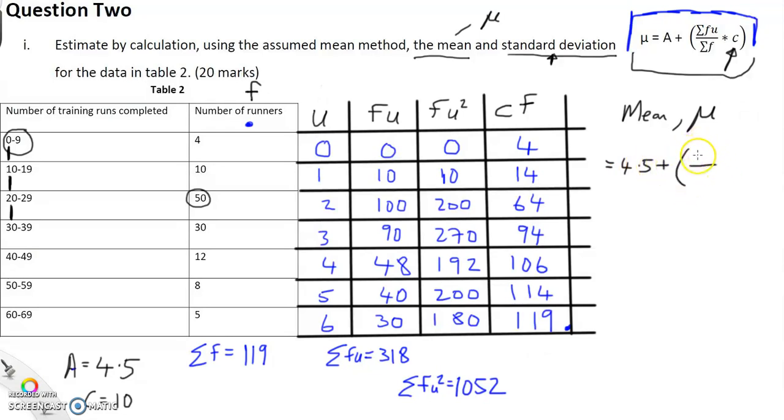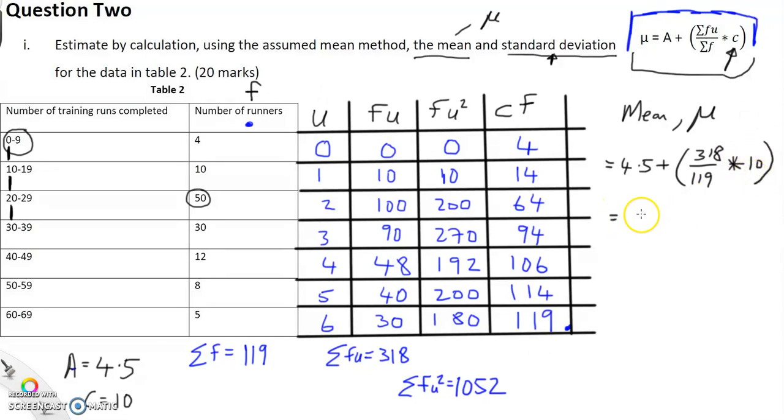On top we have sigma FU, 318. Underneath we have sigma F, which is 119. All multiplied by, the star really means multiply, multiplied by 10.